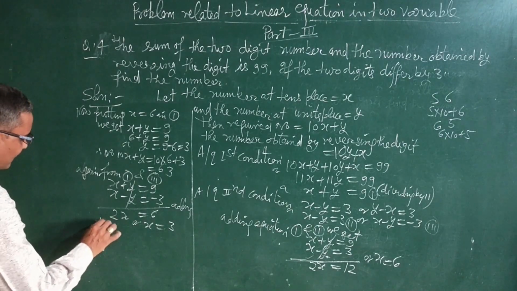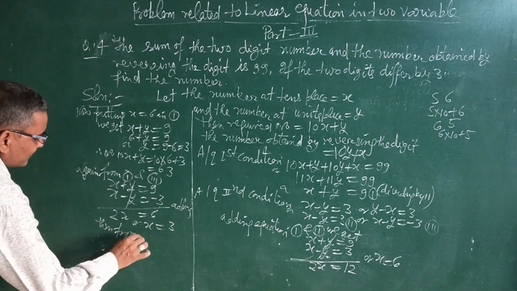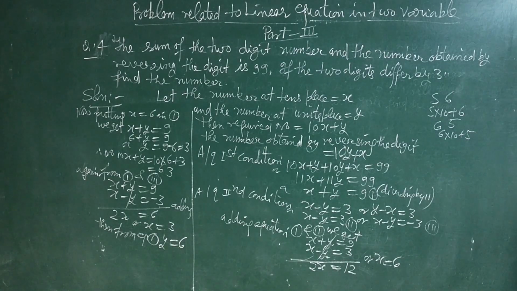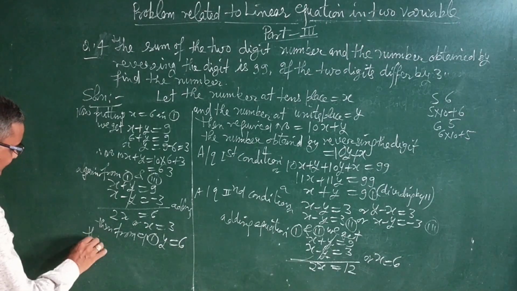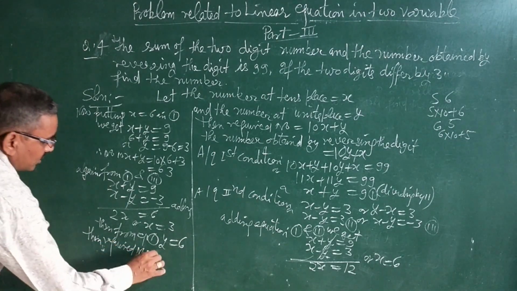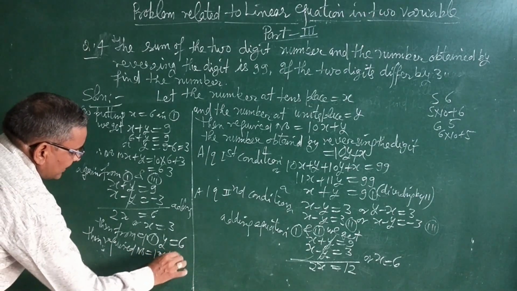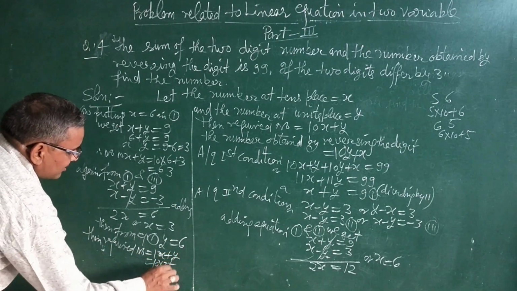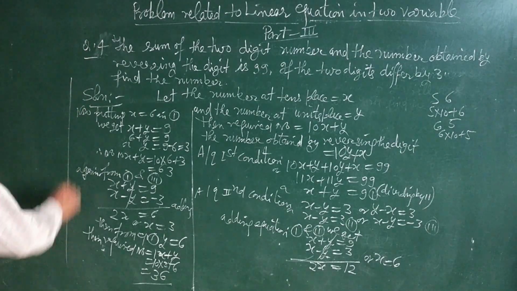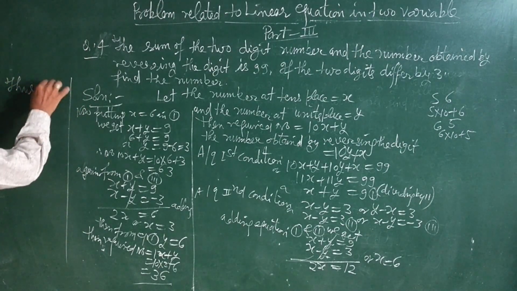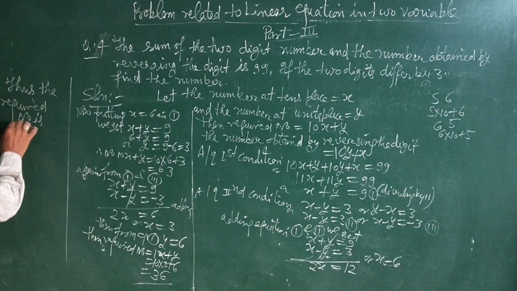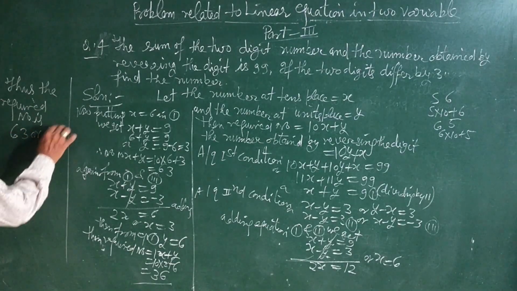Then from equation first, y is equal to 6 and then required number 10x plus y, that is 10 into 3 plus 6, that is equal to 36. Thus the required number is 63 or 36.